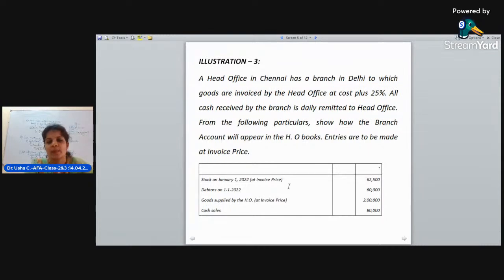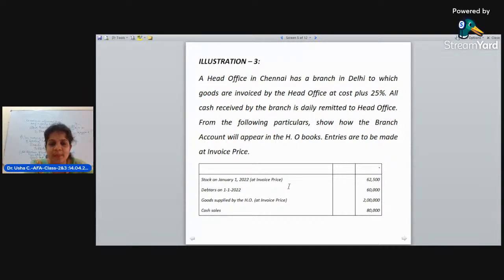Look into the problem. A head office in Chennai has a branch in Delhi to which goods are invoiced by the head office at cost plus 25%. What is this 25%? 25% is a profit. Okay. Next, all cash received by the branch is daily remitted to head office. Are you understanding?